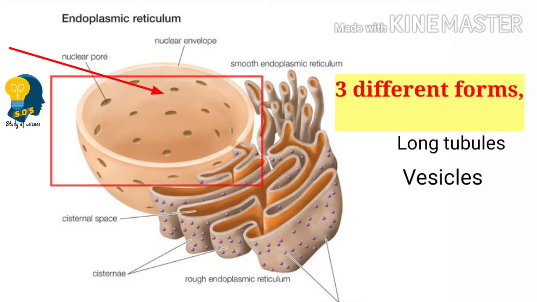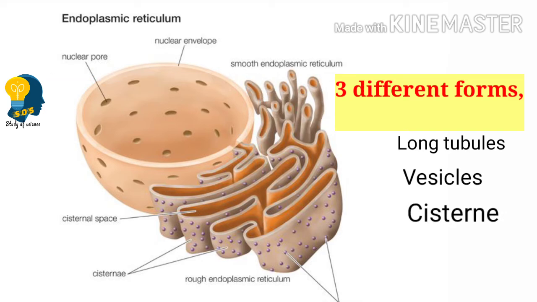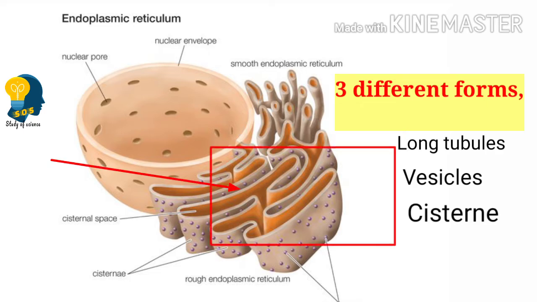The third form is cisternae. You can see some fold-like structures here in the endoplasmic reticulum, and these fold-like structures are called cisternae. Let me repeat once again.